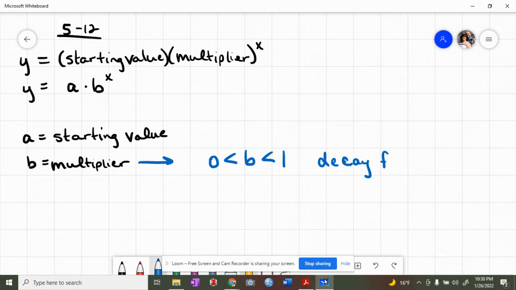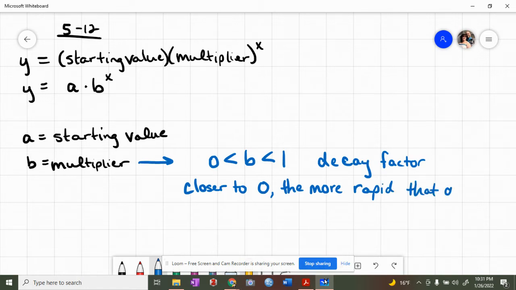So that's our decay factor. And really, the closer to 0, the more rapid that decay. Okay?